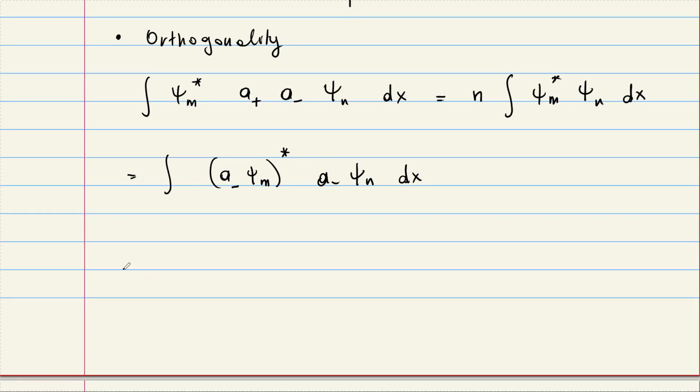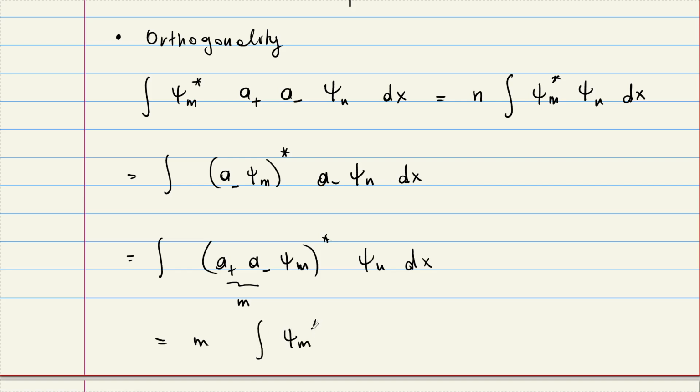Now I'll flip this guy. This is a minus, inside here a plus a minus psi m star psi n dx. Whenever I see a plus a minus, I'm happy, but this time it is acting on m. So this is going to be m times psi m star psi n.